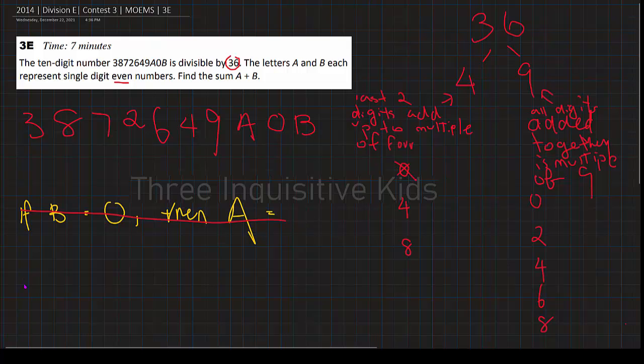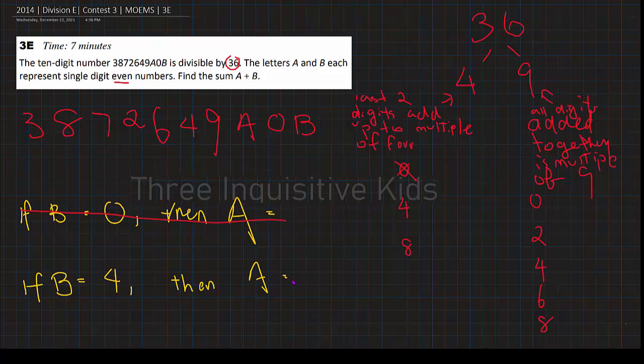Notice how I'm listing down if-then statements right here. If B equals 4, then what would A equal? We know that this has to add up to a multiple of 9. So if B already equals 4, then the sum so far is 43.